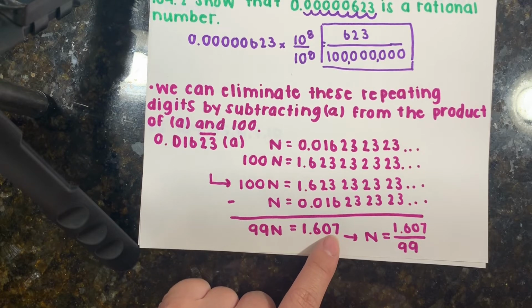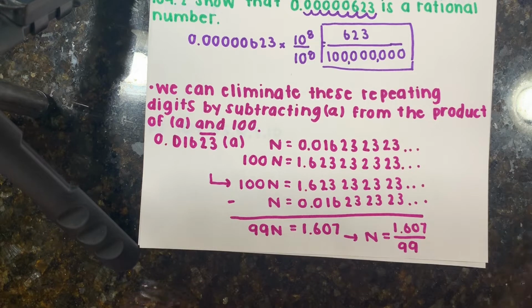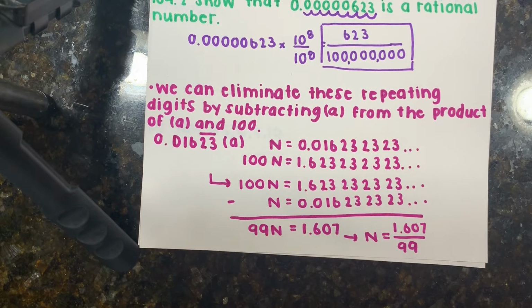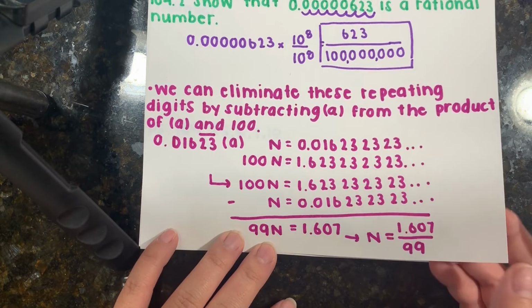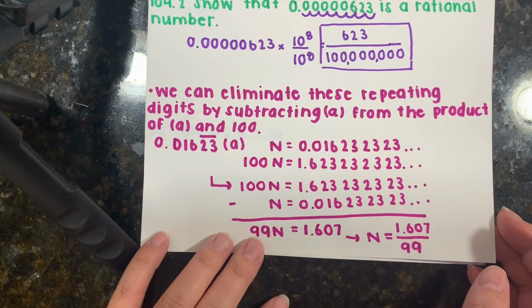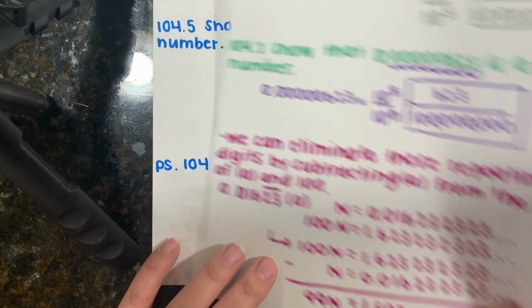And then to solve for n, I would divide both sides by 99. Then all I would need to do is move the decimal point over 3 spaces on top and bottom, and that would be my result. Okay, so multiply your number by 100, then subtract the two numbers and find the difference between the two.